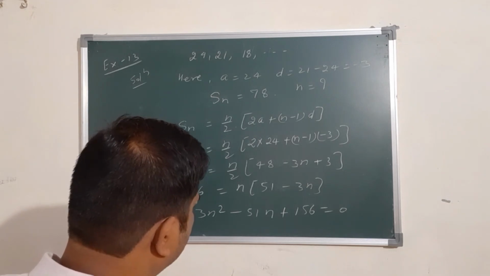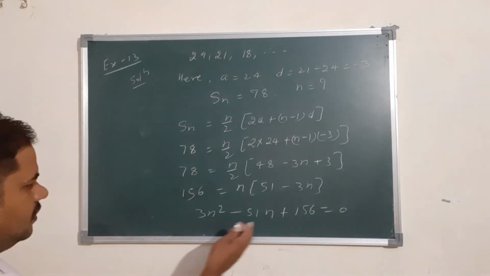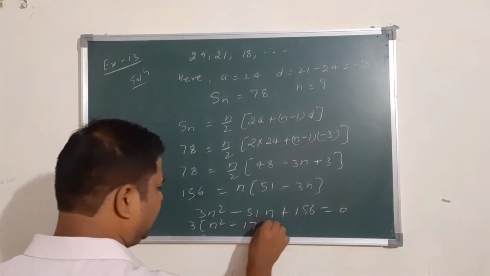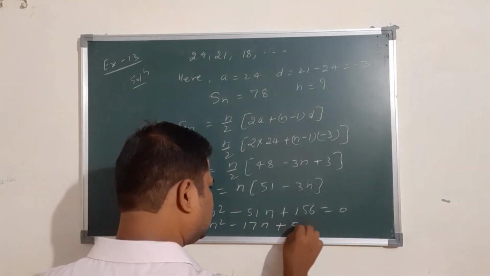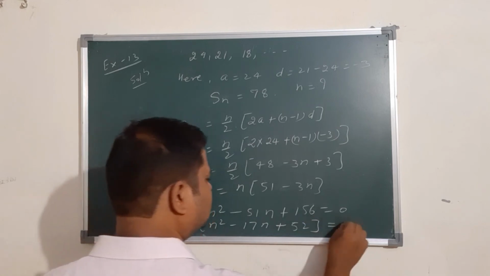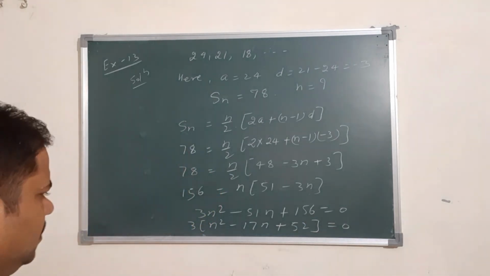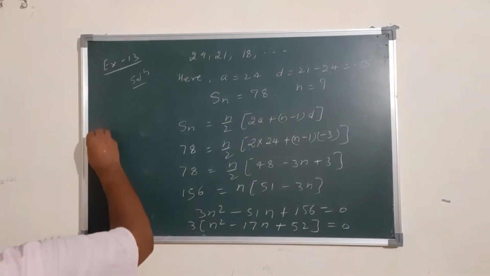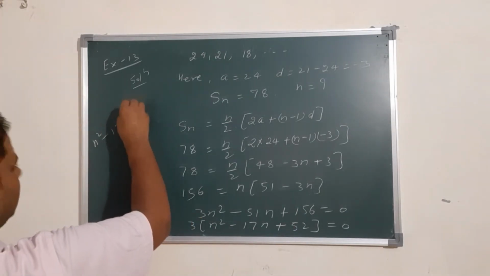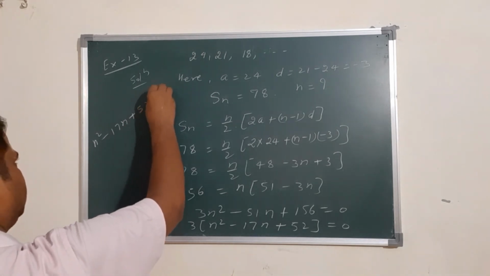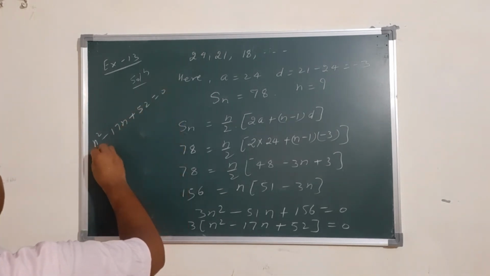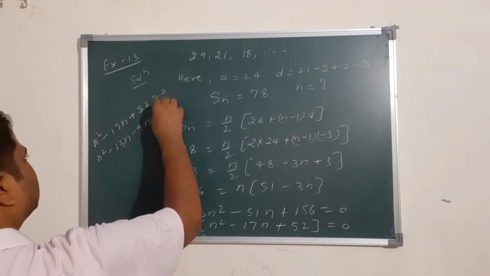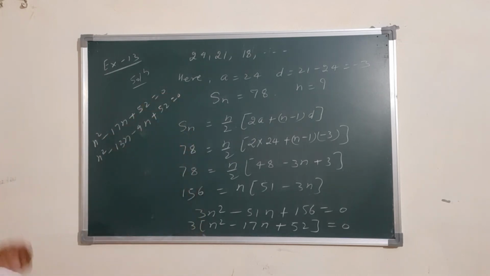So 3 is common. n square minus 17n plus 52 is equal to 0. And the factors of this: n square minus 13n minus 4n plus 52 is equal to 0.